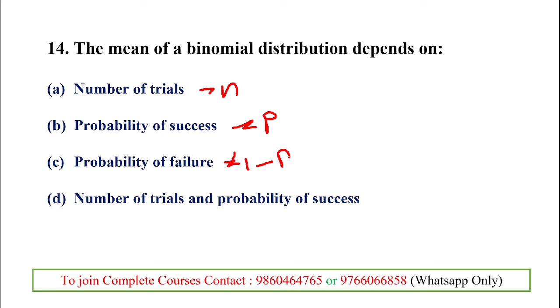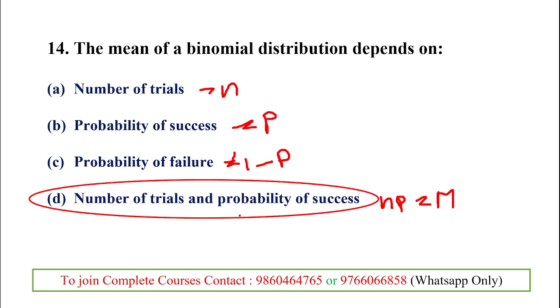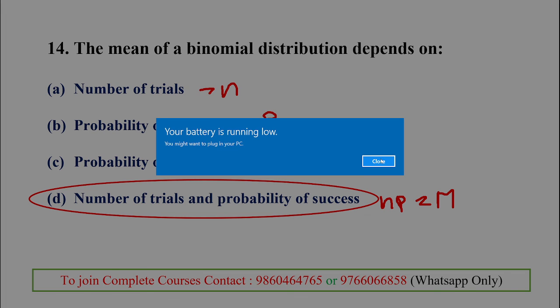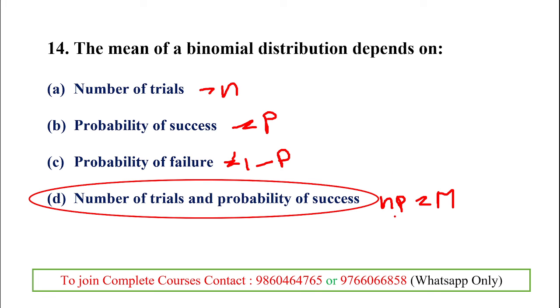The answer is the number of trials and the probability of success, that is n and p. Both are parameters. NP is the mean. Both the number of trials and the probability of success determine the mean of the binomial distribution.